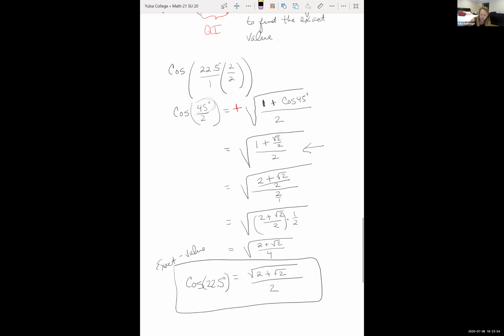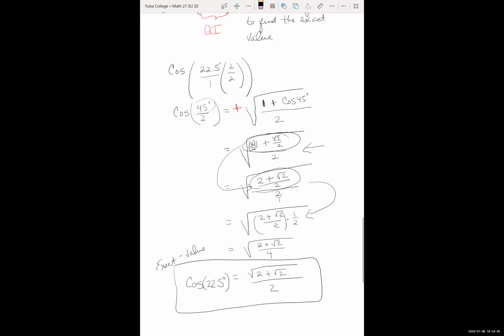So I got a common denominator. I just wrote this as 2 over 2. Getting a common denominator brought this piece down to here. And then because I'm divided by 2, I have a complex fraction. A fraction divided by a fraction is really the fraction times the reciprocal of that fraction. So that's where that division comes down to a multiplication problem.